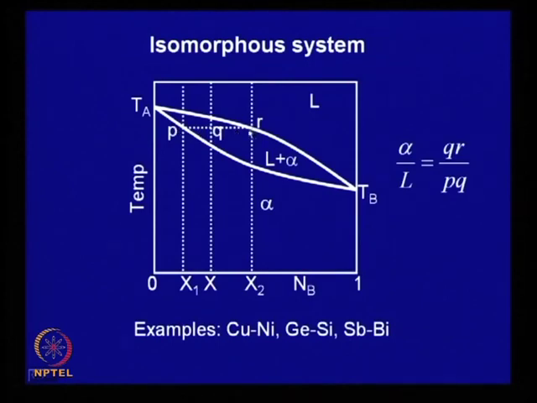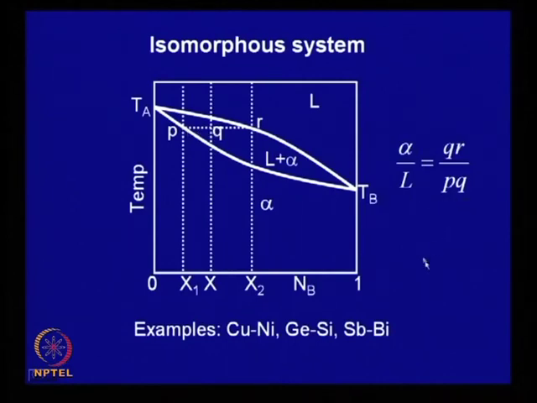Like over here, the alpha of this composition given by that point P, that composition is x 1. This can coexist with a liquid of this composition x 2, and using the lever rule you can say that the amount of alpha is proportional to q r and the amount of liquid is proportional to p q.